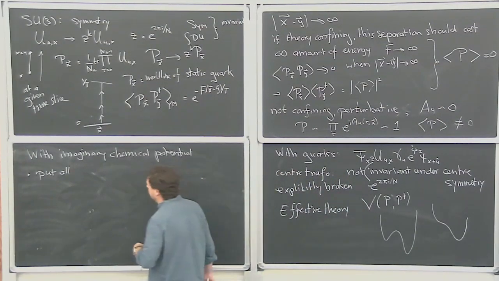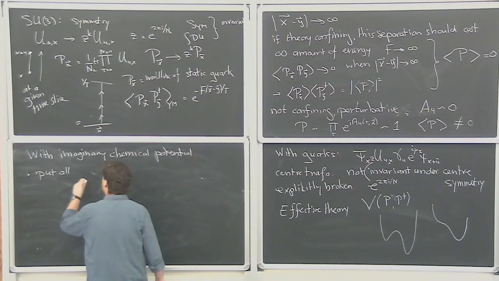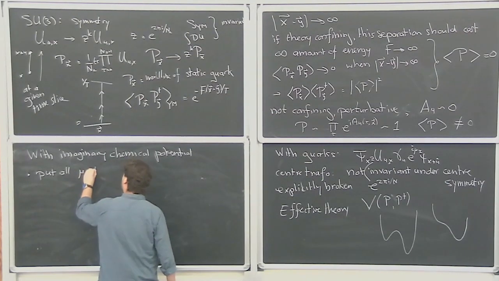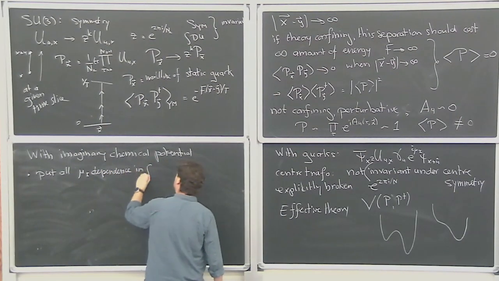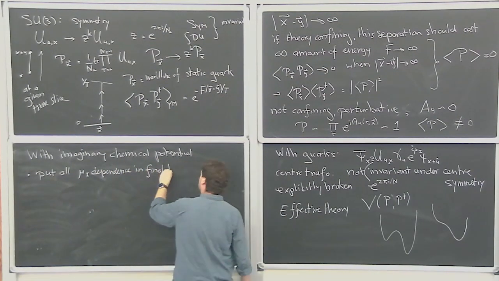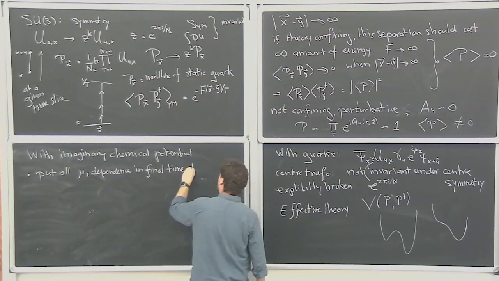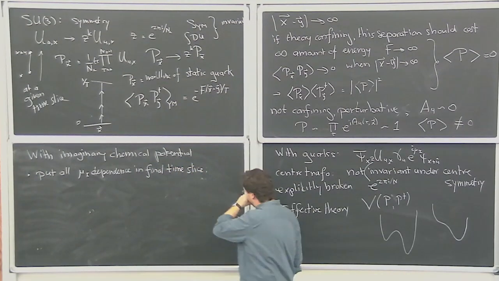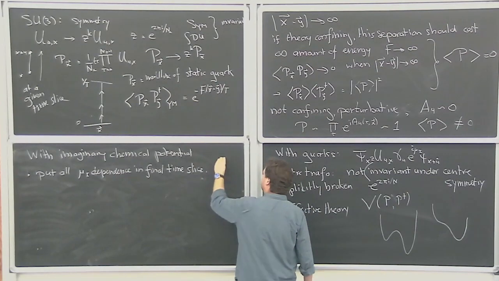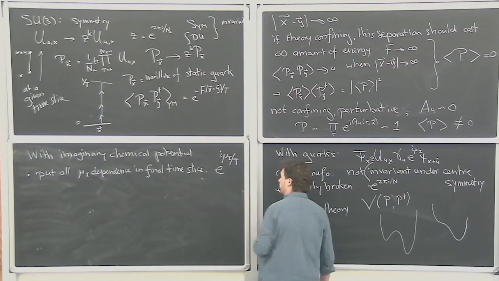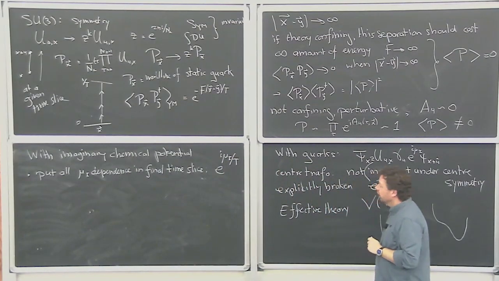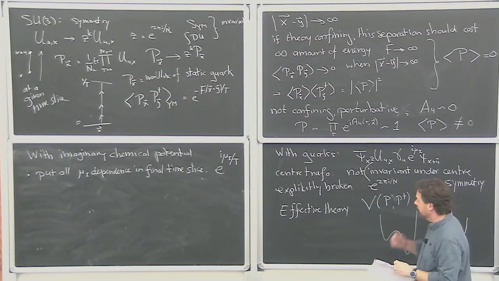So put all mu I dependence in the final time slice. Then I have dependencies of the form e to the mu I over t, times n tau, because all these factors accumulate there.